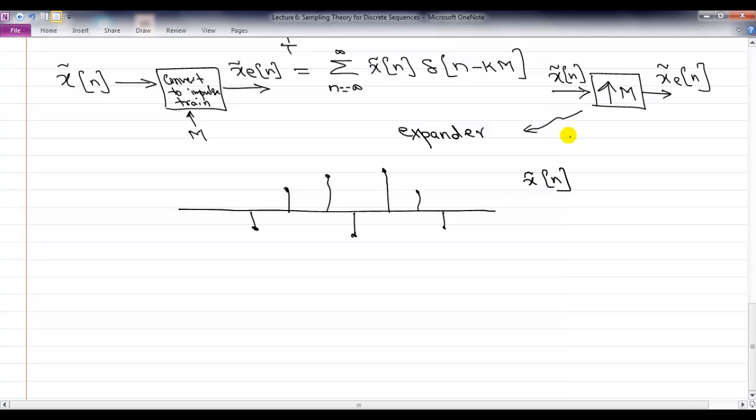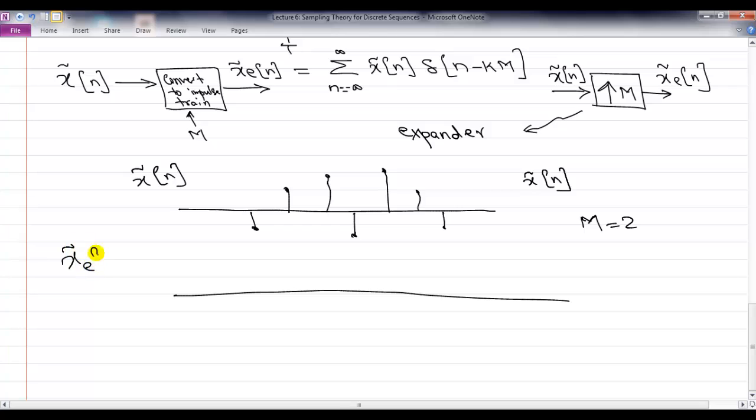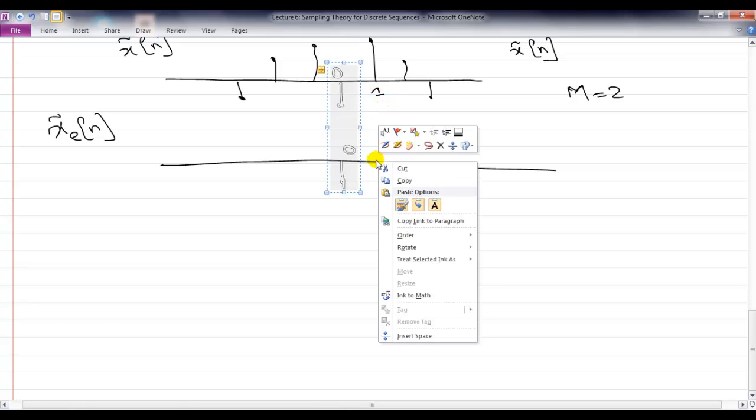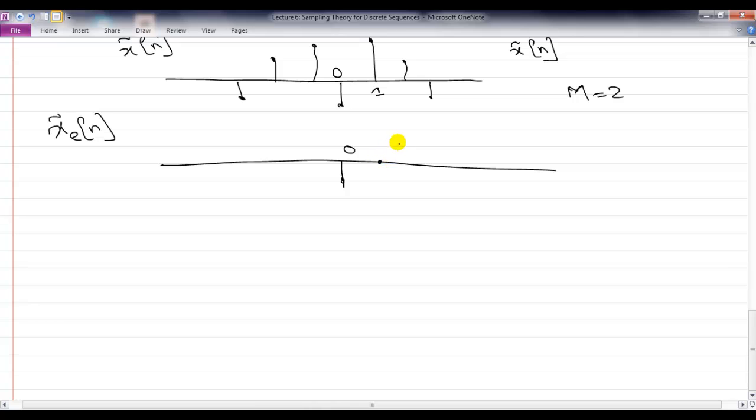You can work out the expression for this impulse train, but effectively what it does is it takes each sample, and after that sample it puts m minus 1 zeros and then puts the next sample after that. So if I have m equal to 2, what will happen is my new sequence, this is my x tilde of n, my expanded sequence. So let's say if this is my 0 will be here. But this next sample, which was at index 1, instead of that, I will put a 0. And this next sample will go after that.